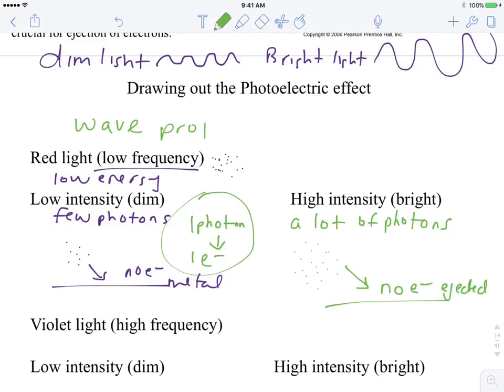Now, just as a side note here, if this was a wave, properties of light that we were looking at, the red light over here, the low frequency and low intensity light, the dim light, this would have a small amplitude. Whereas the high intensity light would have a large amplitude.